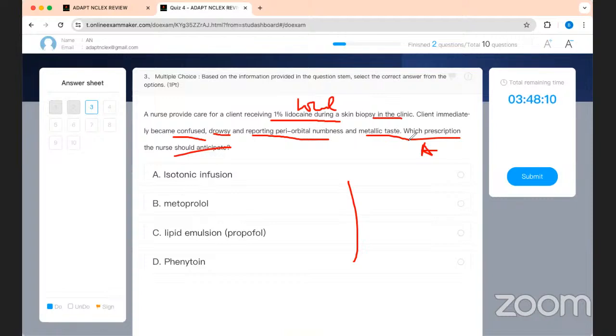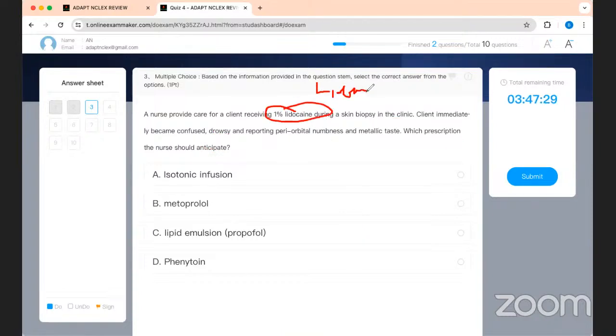What do you think is going on with this patient? Test-taking strategy. What do you think is wrong with this patient? That's why she's behaving like that. Toxicity is a systemic manifestation of lidocaine. And that is what is causing the problem. And now the content is that lidocaine, a local anesthesia, causes toxicity.